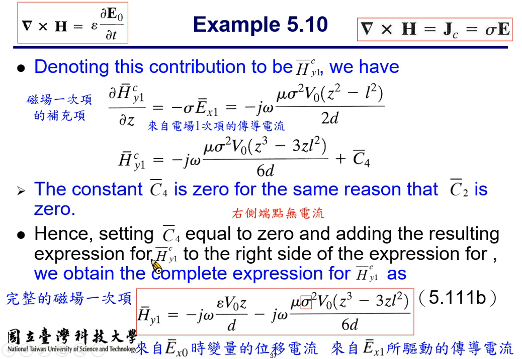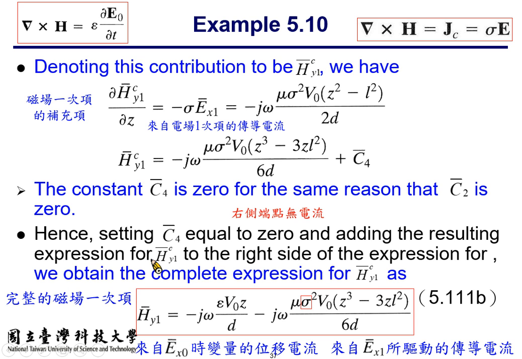So after the derivation of the first order magnetic field due to the presence of the time variant Ex0 and the presence of Ex1, we have the complete expression for the Hy1 term.